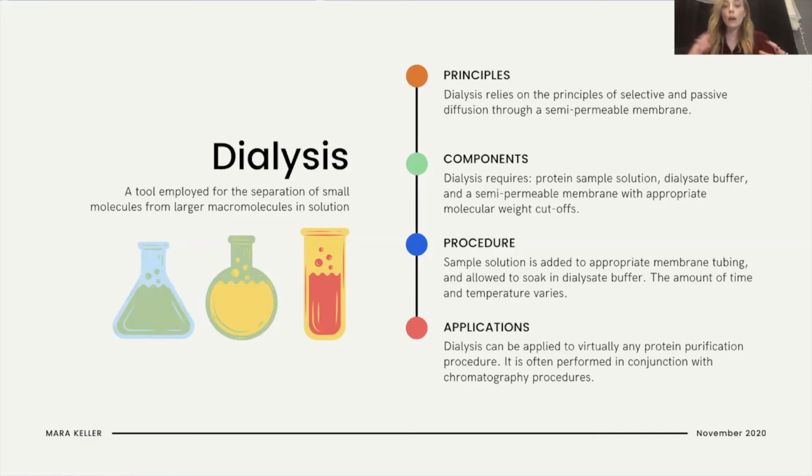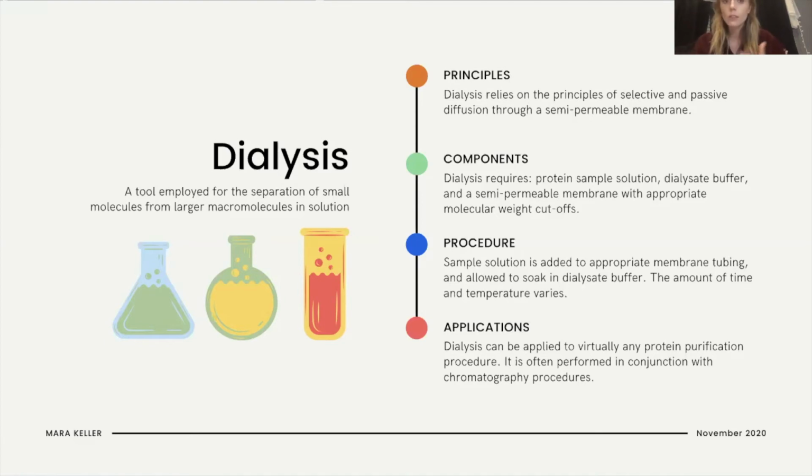So how this works, the procedure of it, and you guys have probably seen it in lab before, there is a semi-permeable tubing, just a round clear tubing, cylinder shaped, and you pour your protein sample solution into that, and then let it dialyze overnight, or however long the procedure calls for.